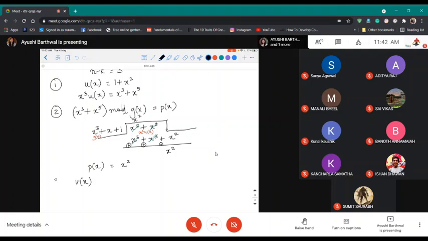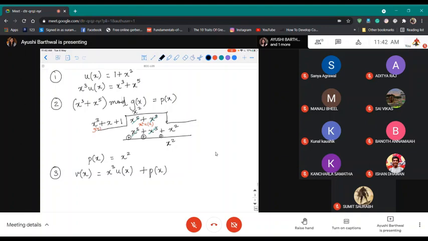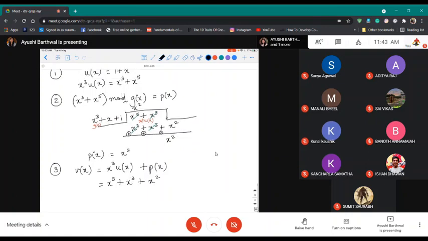In the third step we have to find out Vx, which is equal to x cube times ux plus px, and we'll write this as x5 plus x cube plus x square. We always denote it from lower degree to higher degree, so I'll rearrange the terms from lower to higher order: x cube plus x5.